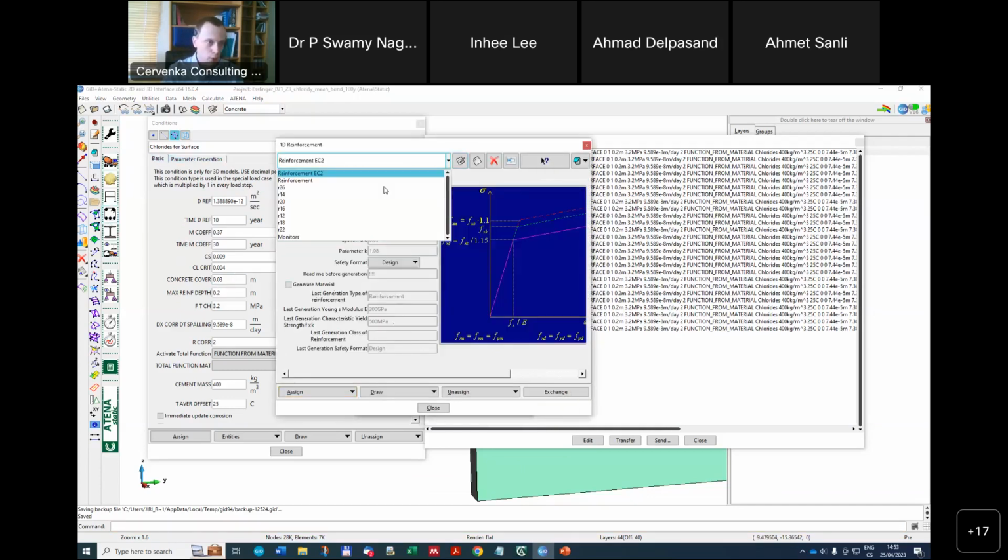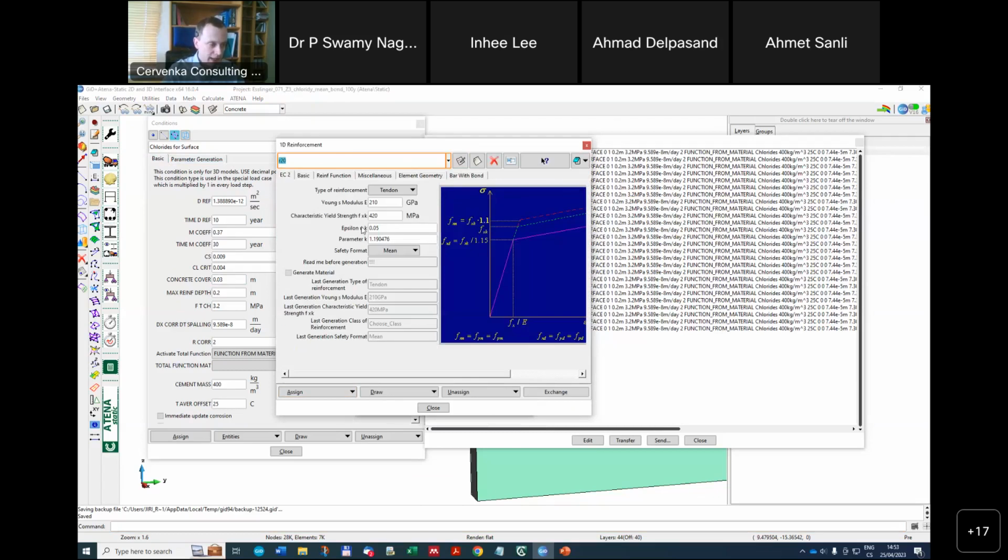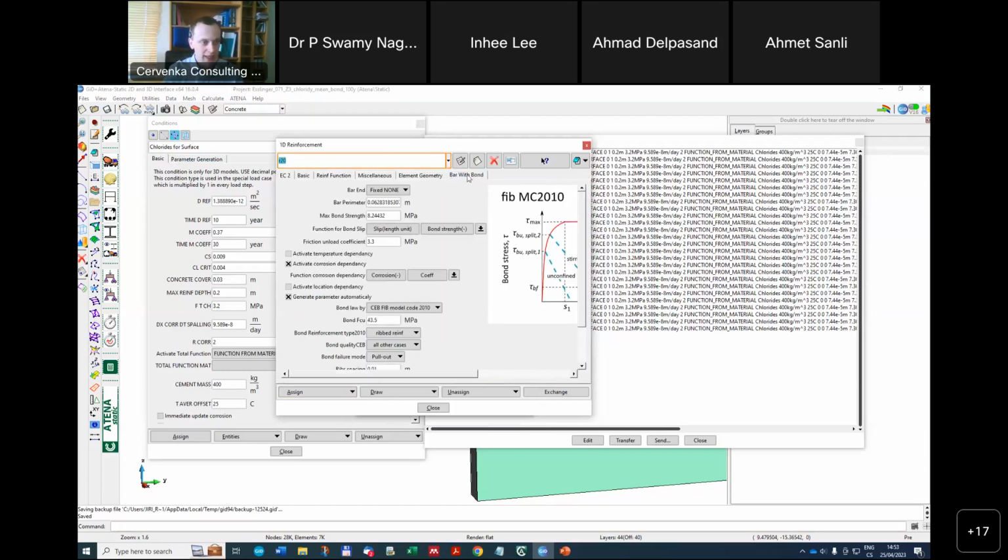When we go to the reinforcement, we can see that there are several reinforcements defined in the material definition. They are differentiated based on the diameter of the bar, and you can see that here I have the bar with bond, and I have activated the corrosion dependency. I generated the parameters automatically based on the FIB codes.